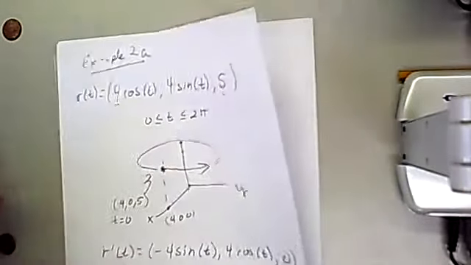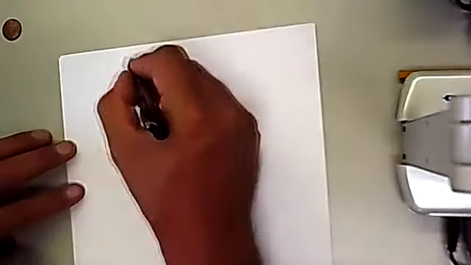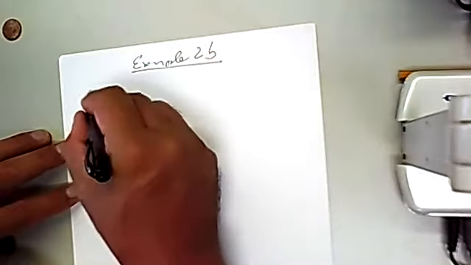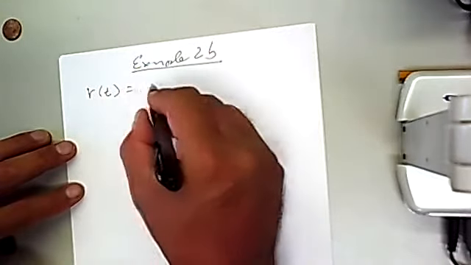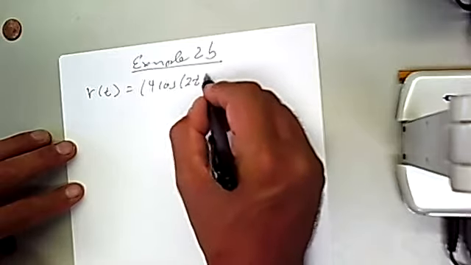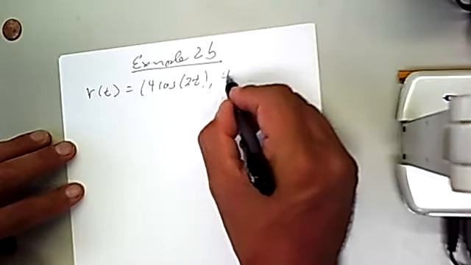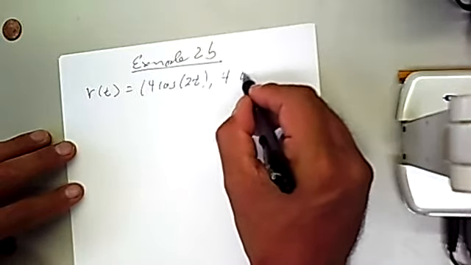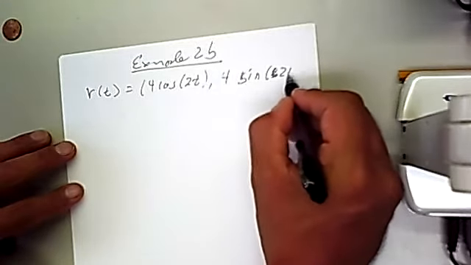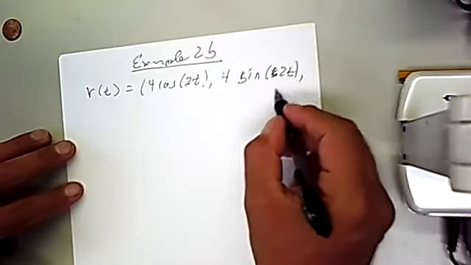This is example 2a. Let's look at example 2b. r of t equals (4 cosine of 2t, 4 sine of 2t, 5).